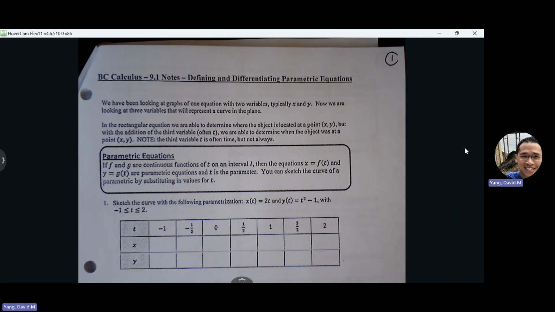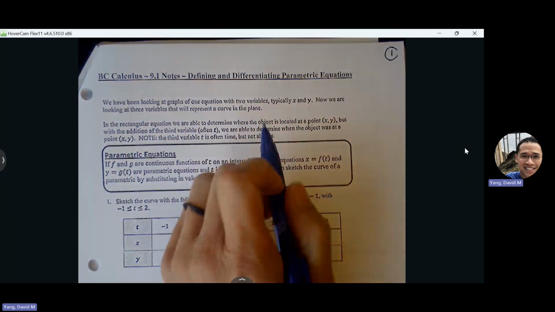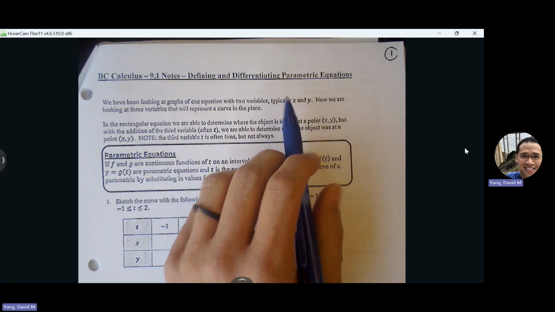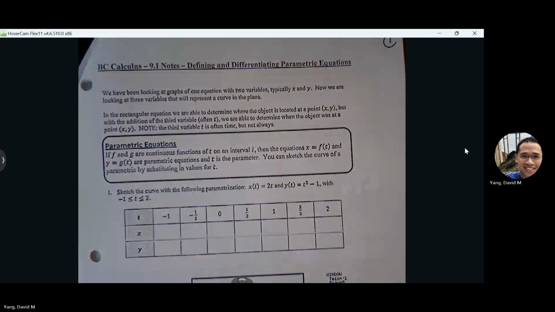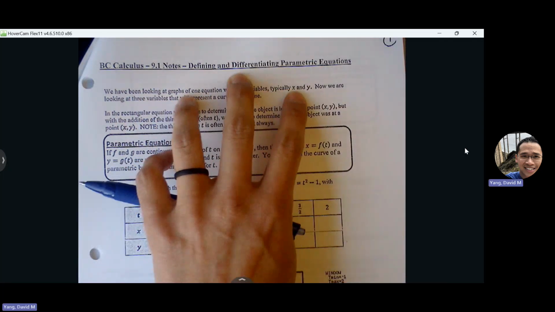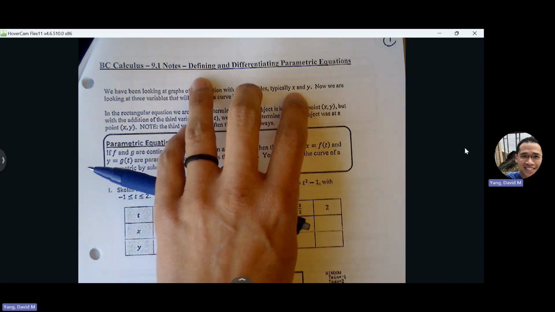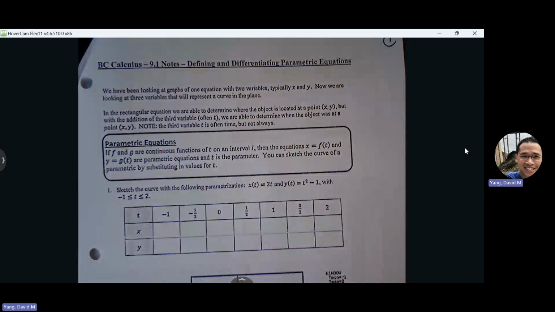Okay, if you guys can have your calculators out, as we're gonna start unit 9. So overall, I think unit 9 is not too bad. I think a lot of what you're gonna see is just going to feel like an extension from what you've seen with derivatives and integrals.